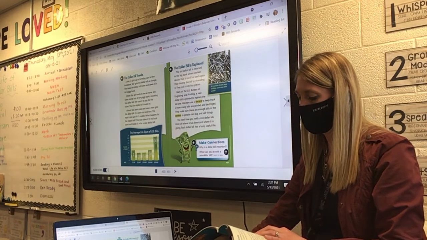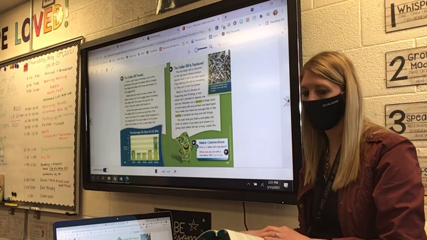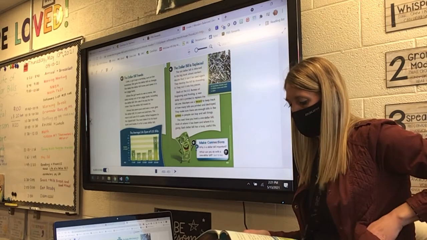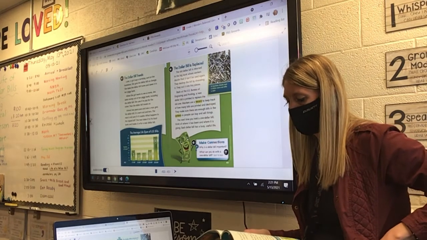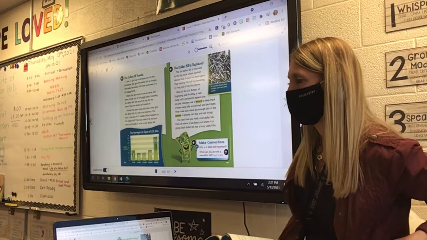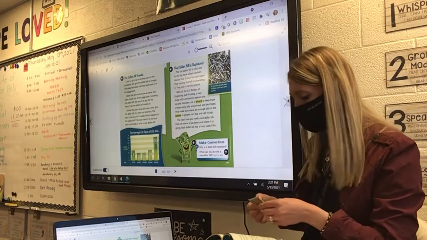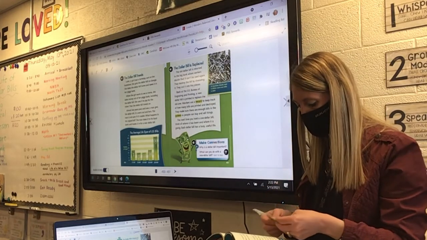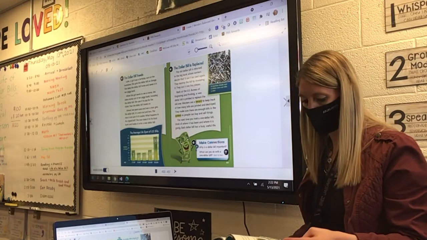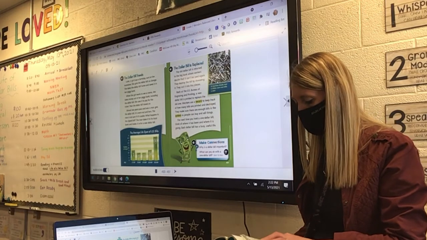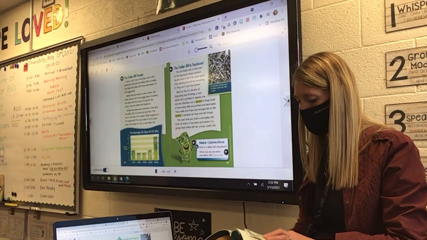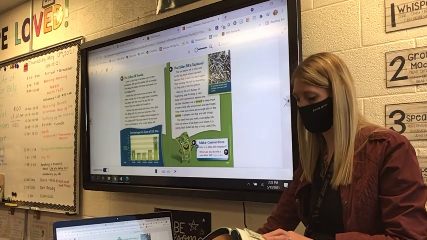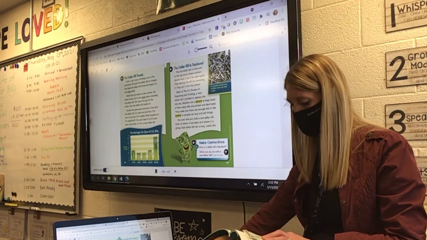Workers use a record to keep track of how many dollar bills are printed and destroyed. They make sure there are enough bills in the system so people can buy and sell things.